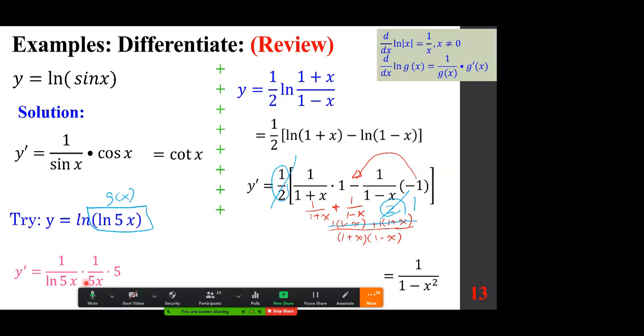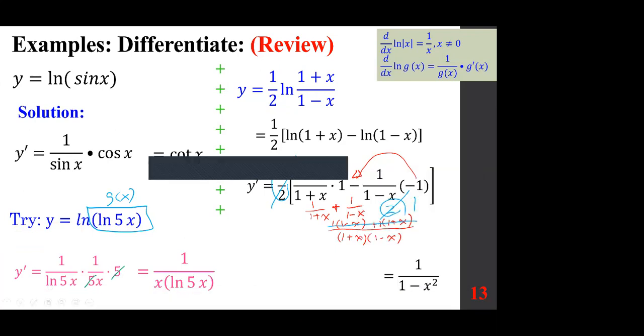This 5 cancels out this 5. So the numerator is 1 and the denominator is x times ln 5x.